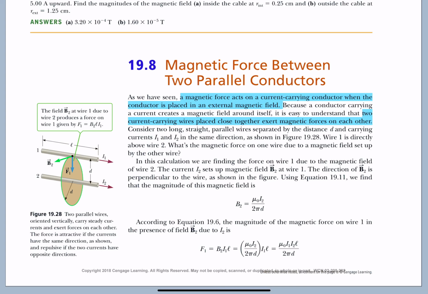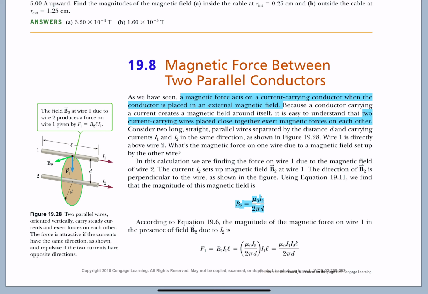We know that the strength of a magnetic field, B2, is proportional to the amount of current, I2, in wire number 2, and it's inversely proportional to the distance that you are from the center of the wire, d. That's this equation right here, which we looked at in a previous section of the chapter.